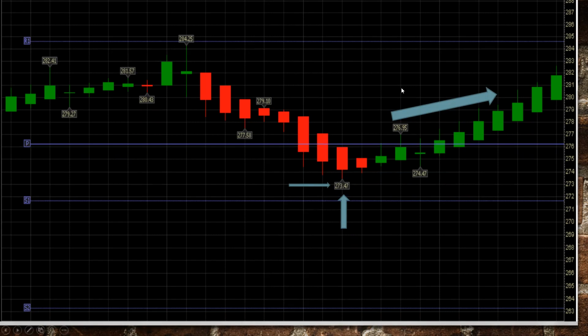And we have a color change, and off she goes to the upside. Low of the day, inside bar, color change, off to the races.